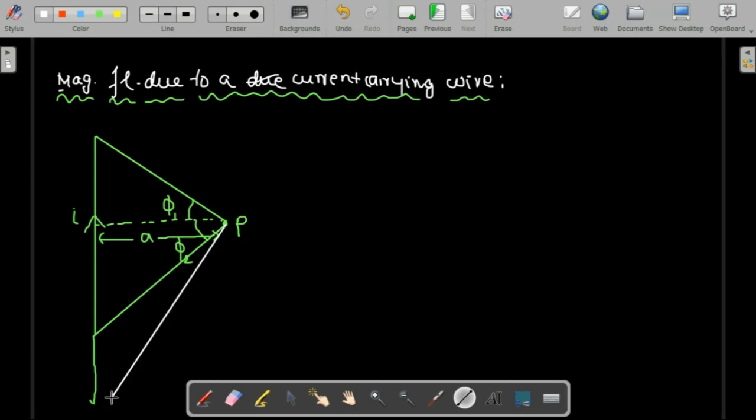So this is my entire length of the wire, and let's say we are considering a small current carrying element. Let me make it a bit more clear this way.